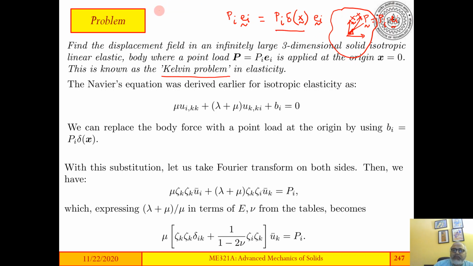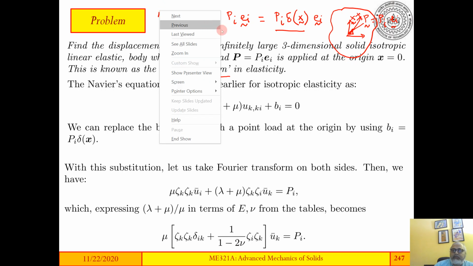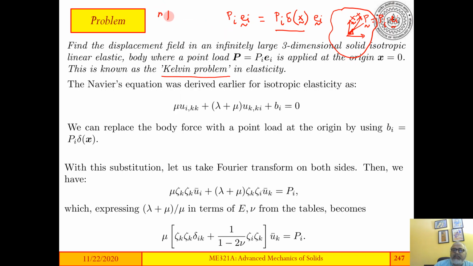So why? Because if you take the ith component of the body force, B_i equals P_i delta(x), and you integrate both sides over some arbitrary volume, the delta function integrates to 1.